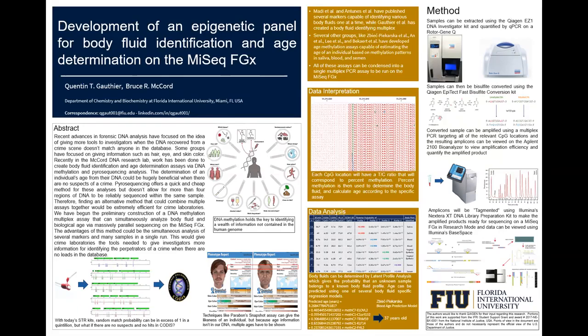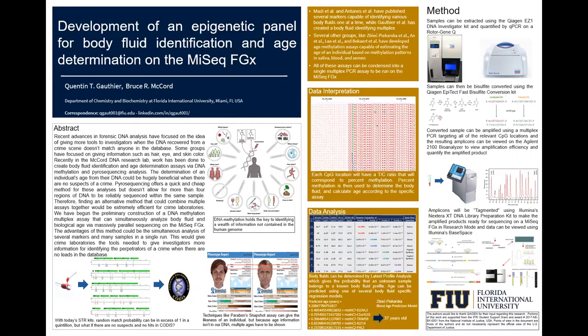So the starting point for this research is the concept that STR kits that have been created by Thermo and Promega have generated STR profiles with random match probabilities, likelihood ratios that are extraordinarily high, so close to 100%, but we're not going to say that in court, obviously.